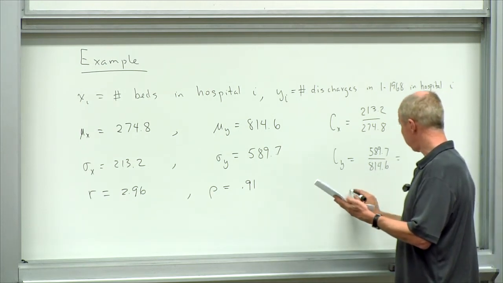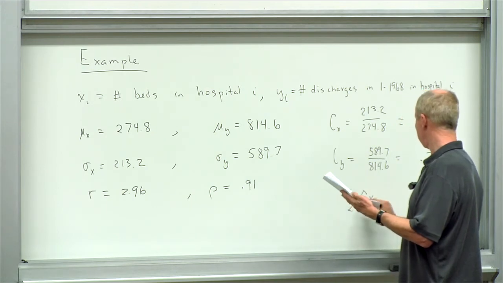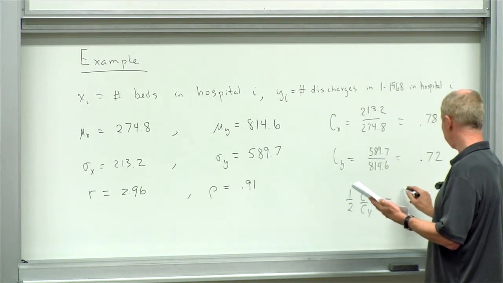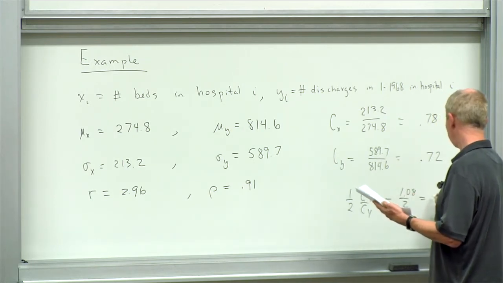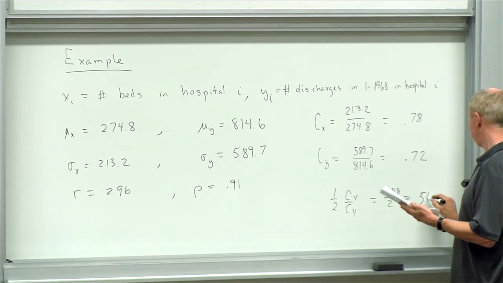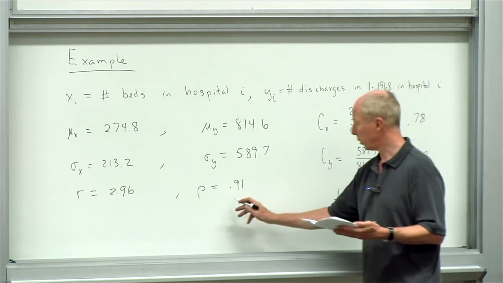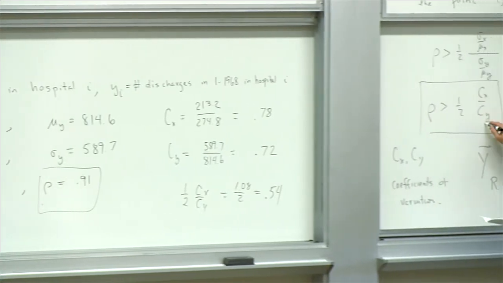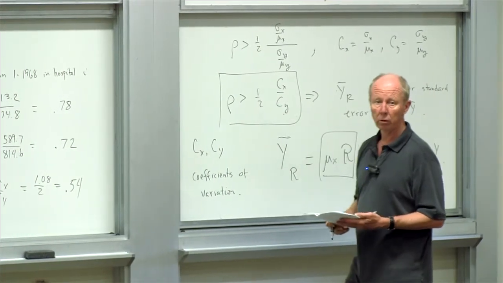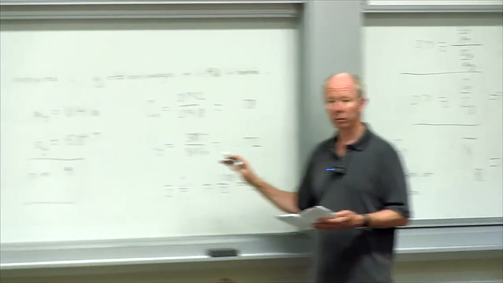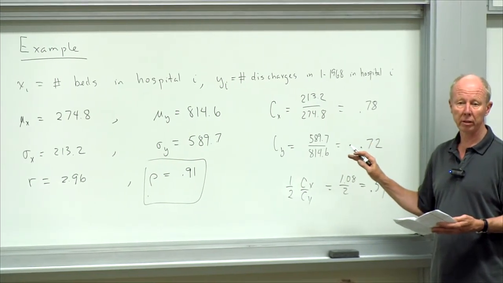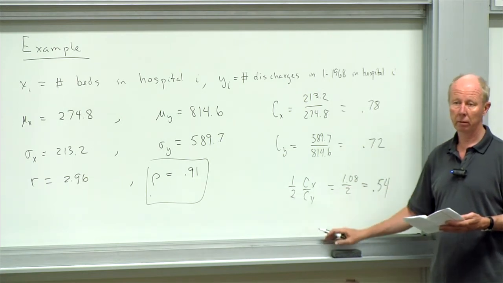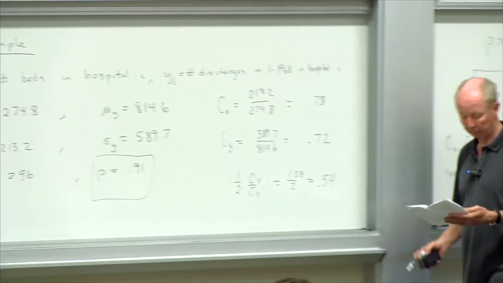So 1/2 Cx over Cy, which is the quantity here, is 1/2 of 1.08, or 0.54. And you can see rho is here. And rho is bigger than half Cx over Cy. So in this example, the estimate y bar r would have a smaller standard error than the estimate y bar for the number of discharges in January. Okay? So y bar r would be preferable.